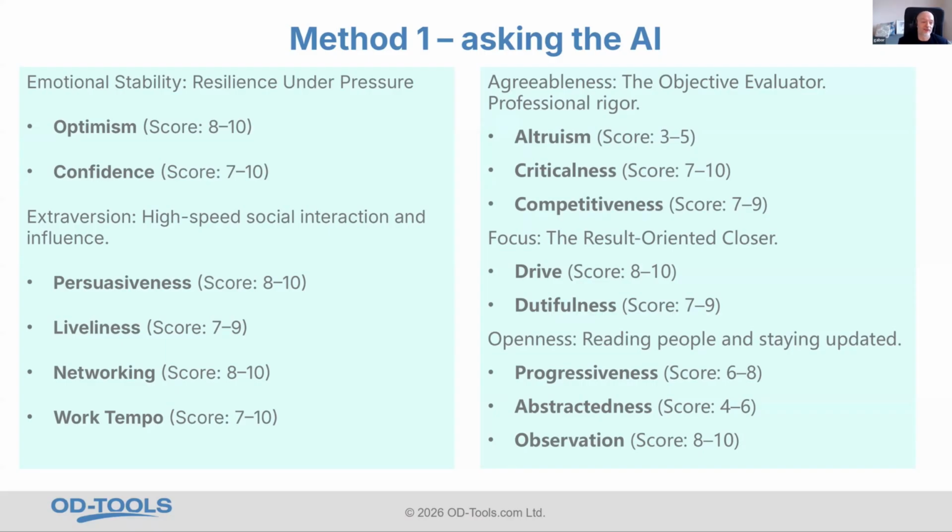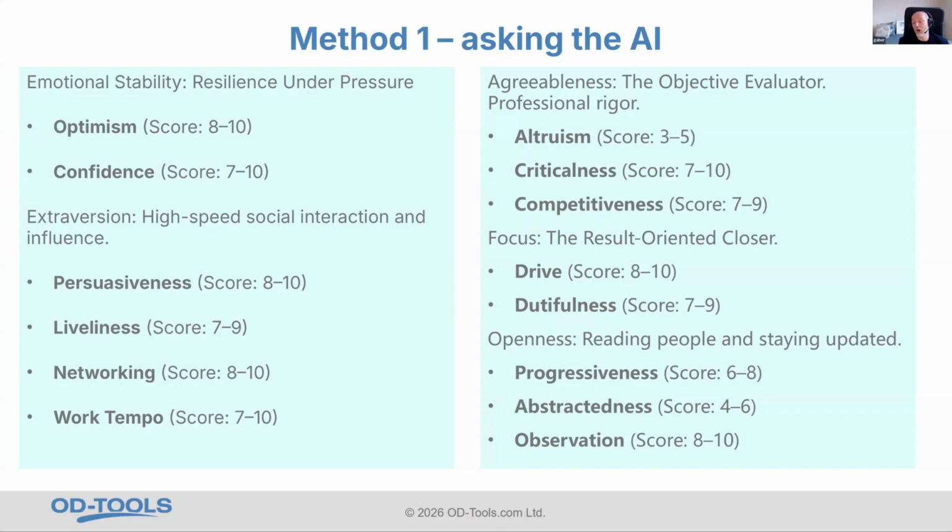Optimism and confidence should be high. Then most of the extroversion traits should be high: persuasiveness, liveliness, networking, work tempo. Some agreeableness traits were also chosen, but actually not the agreeable ones; rather, altruism should be on the lower side, according to the AI.